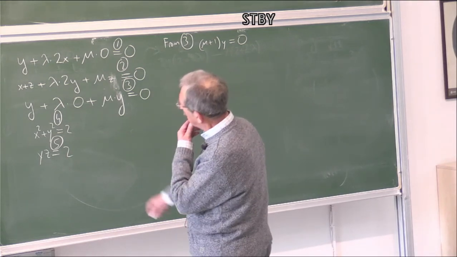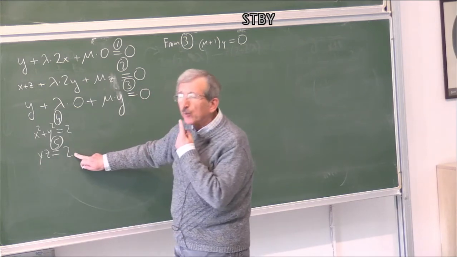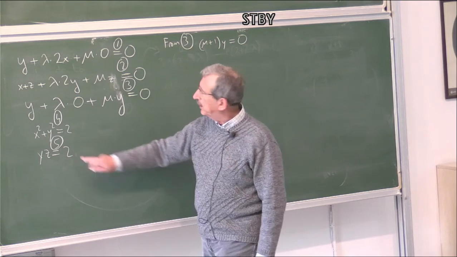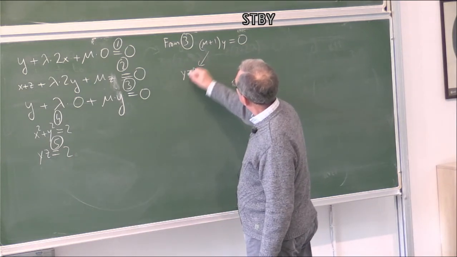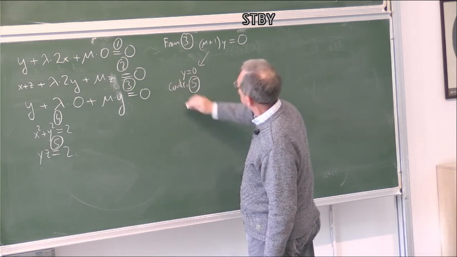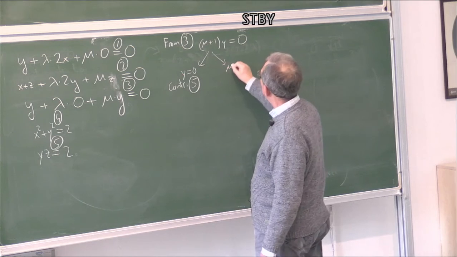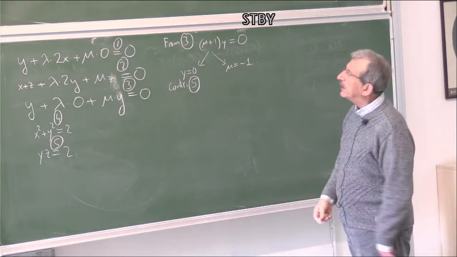Let me see. If y is 0, we have, of course, the fifth equation contradicted. So this contradicts 5. So it's out of the question. So mu must be minus 1. What happens if mu is minus 1?